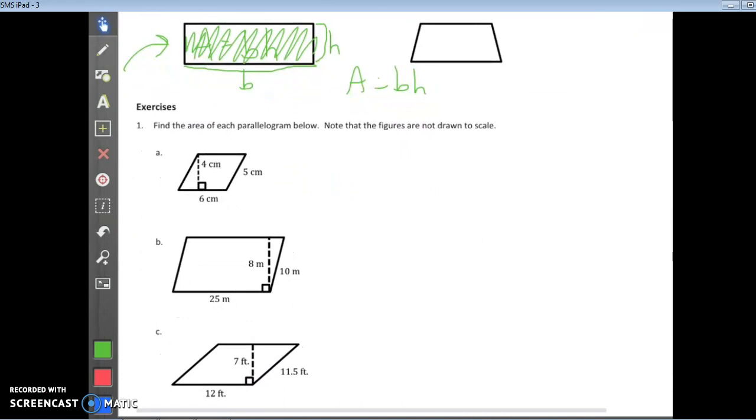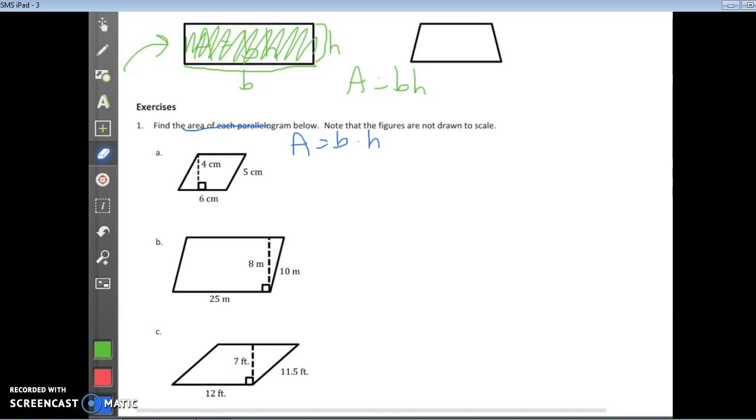So our first problem here, what I want you to do in every problem, when we come to it, I want you to write: we're trying to find the area of the parallelogram. So write the formula. It's A equals B, base, times H, which is the height. Now let's just fill in some numbers here.